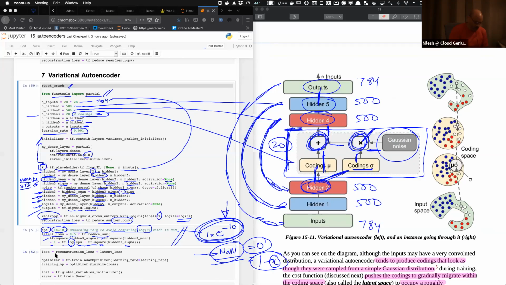Yes. So we have the loss function. We add our reconstruction loss to the latent loss, and then we minimize the two together. So this reconstruction loss and latent loss added together, we want to optimize and minimize that loss function. And we also initialize and save, and then we'll run it in a subsequent step.